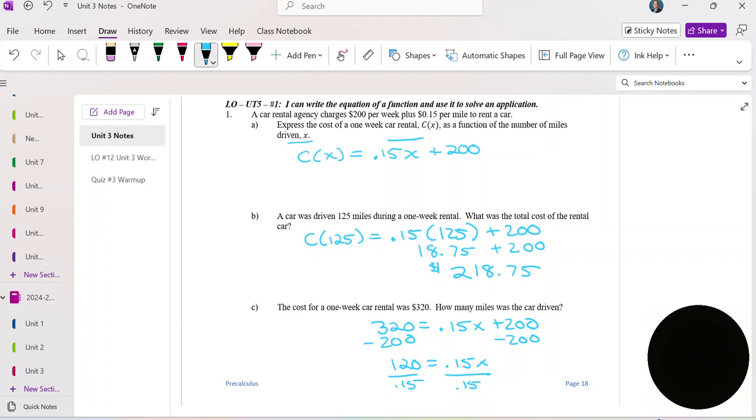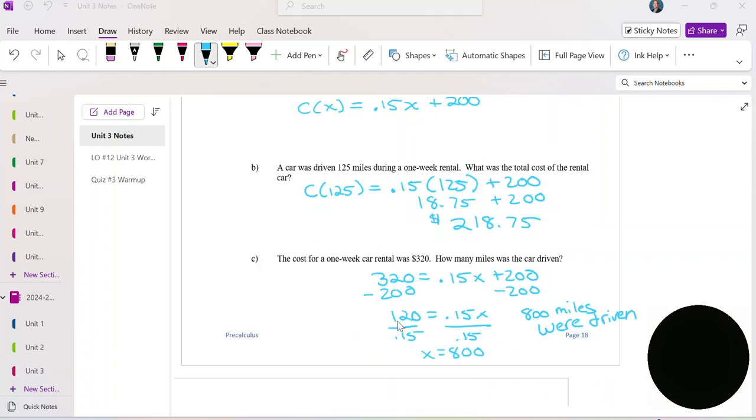So you get 800 miles. So 800 miles were driven.